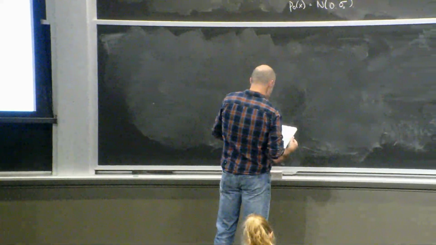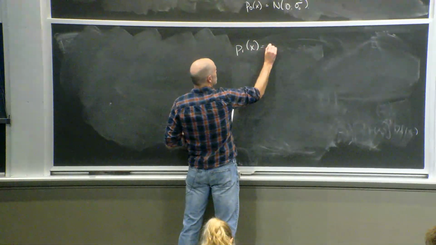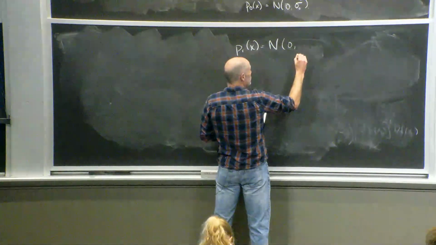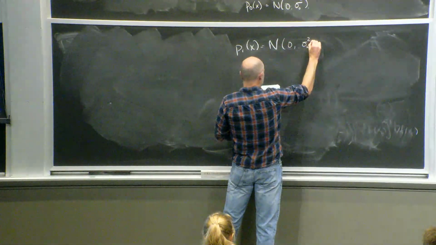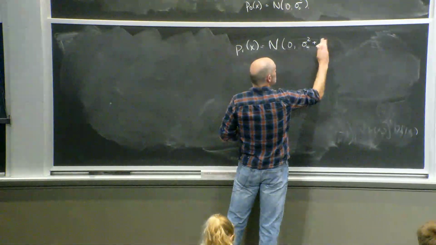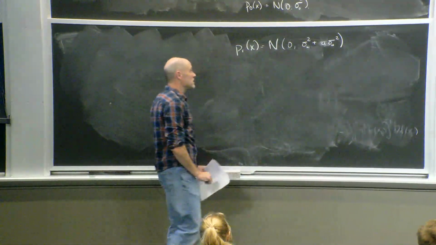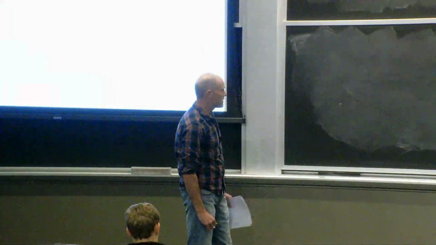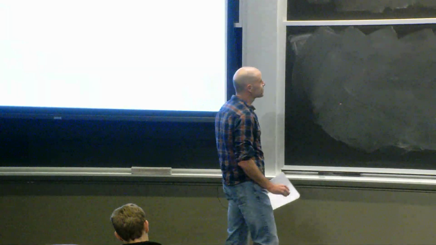If I have that, then I get P1 of x is another Gaussian, still with mean 0. And you get sigma, I'll call it sigma W, keep it super clean, plus A times sigma 0 squared. That's just it: when you convolve two Gaussians together, you get a new Gaussian with a mixture of covariances like this.